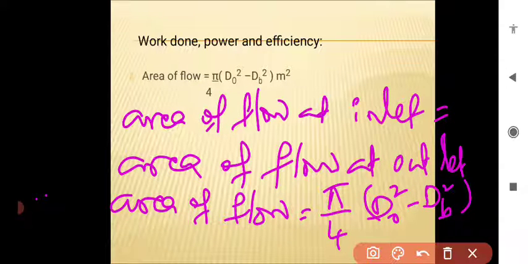Here d naught is the outside diameter of the runner, and db is the diameter of the boss or hub.